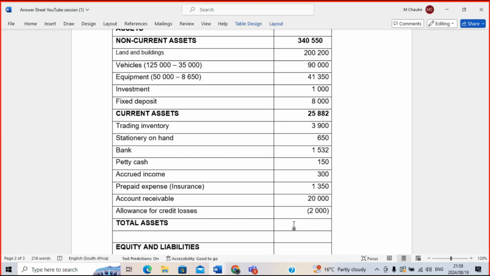No, if you subtract allowance for credit losses from the account receivable, it's still correct. Remember, allowance for credit losses is an amount that the business on its own puts aside to pay for credit losses. It's an amount the business put aside for people who cannot pay their debts.